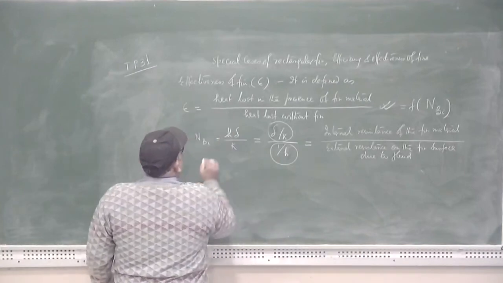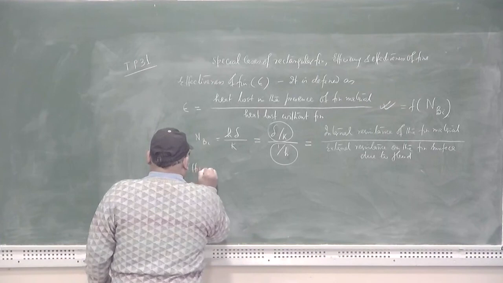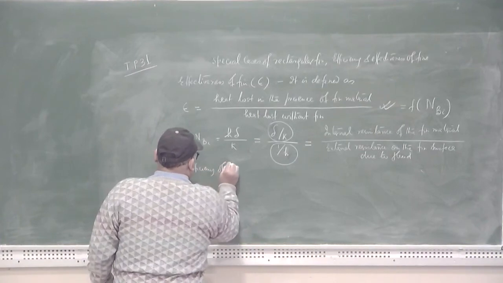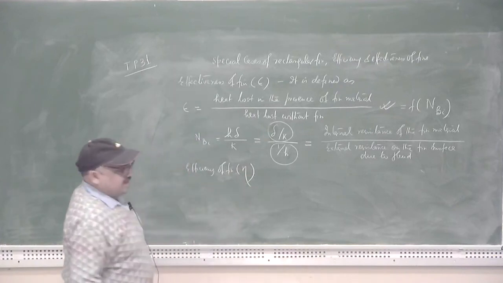Another quantity, that is the effective efficiency of a fin, is denoted by another Greek letter eta.